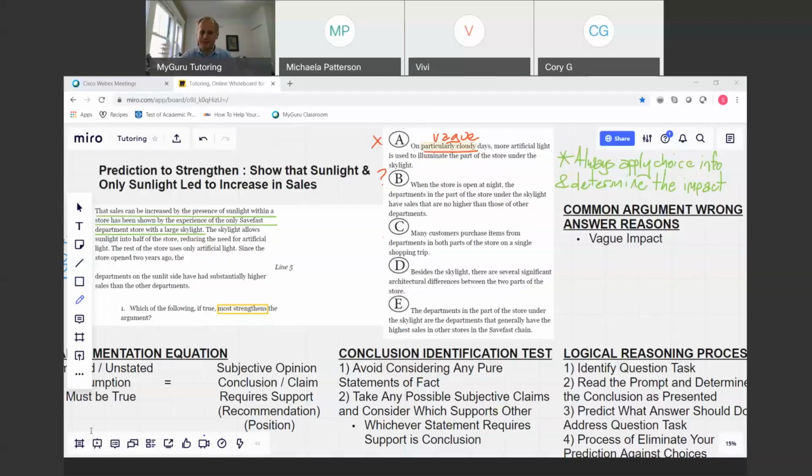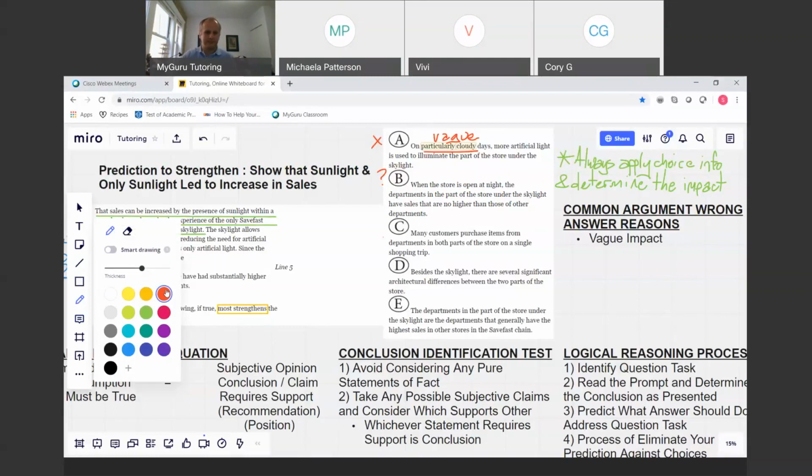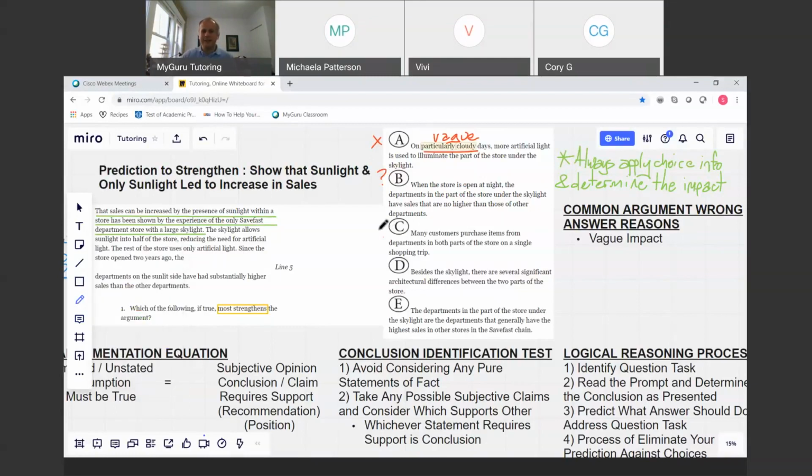No, it doesn't. So it doesn't say whether more is bought in the sun or out of the sun. So if we can't tell, do we know that this strengthens or weakens or does anything to our conclusion about the sunlight and only the sunlight leading to an increase in sales? I'd say no. So this one's out.